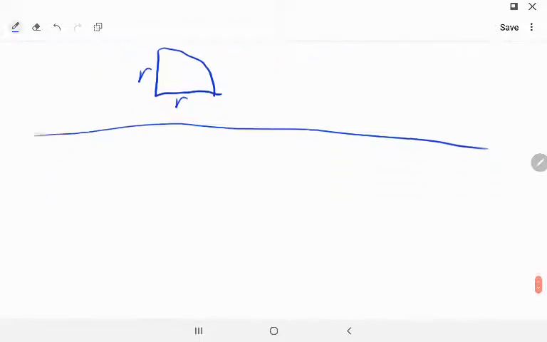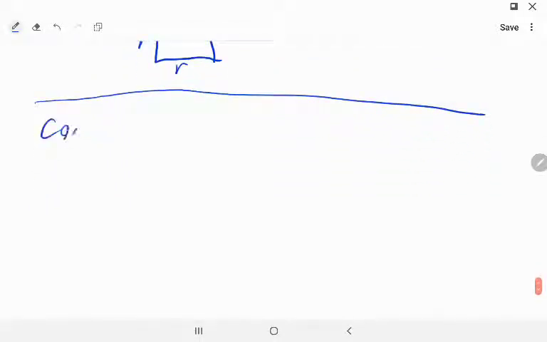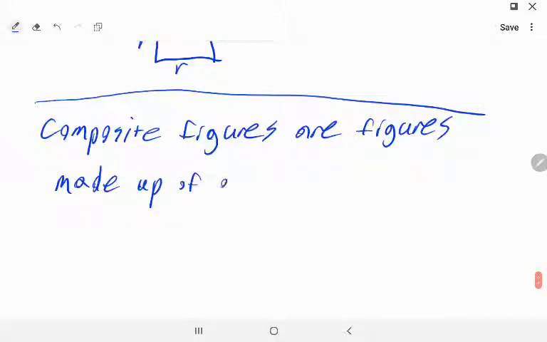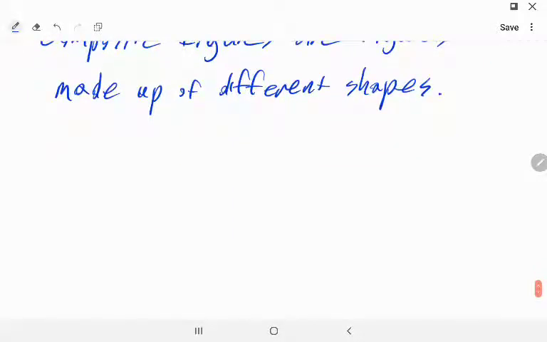Where life gets a little more interesting is composite figures. Composite figures are figures made up of different shapes. And in general, we have to just use logic to get the perimeter.